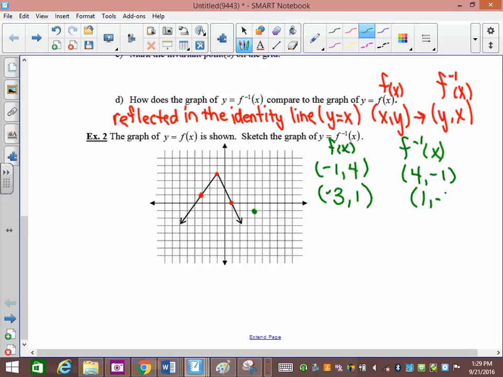It becomes (-3, 1). Then I have (1, 0). That's going to become (0, 1). And you know you're right if you draw your identity line.